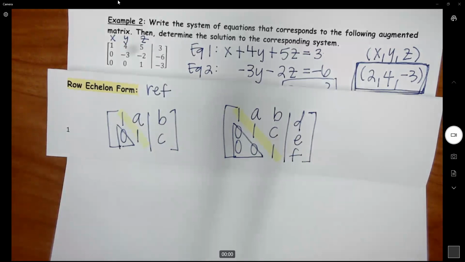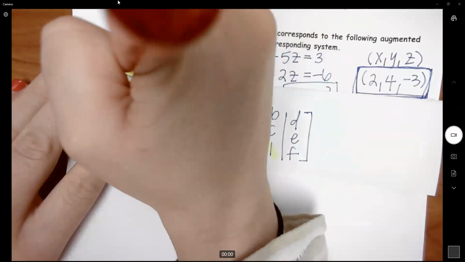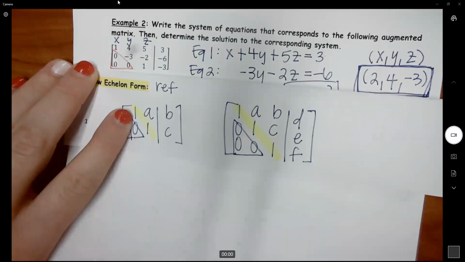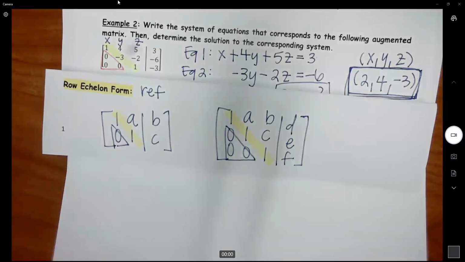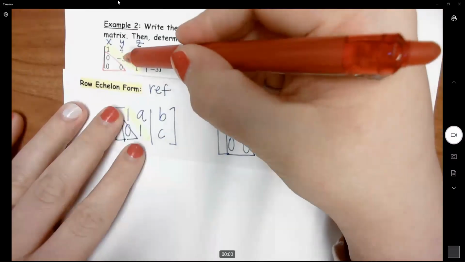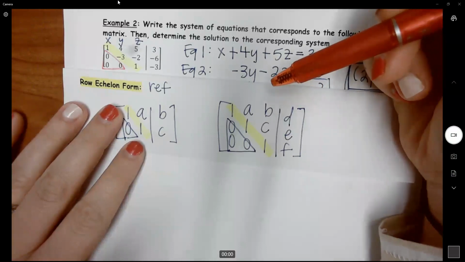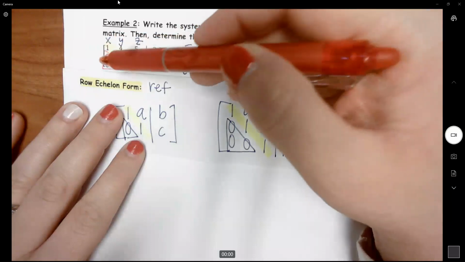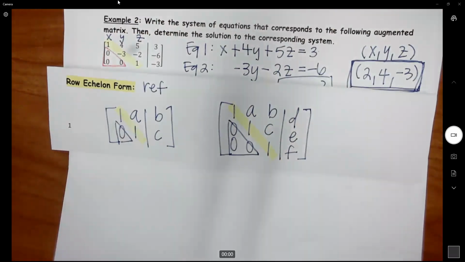You don't need to write this on yours, but just to make a point, we do have our triangle of zeros here, but what I am missing is my diagonal of ones. If this -3 was a 1, then this would be row echelon form, where I would have my diagonal of ones, zeros below it, and then numbers all over here above it.